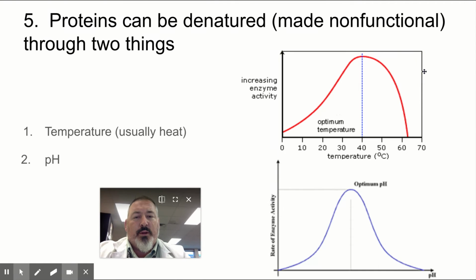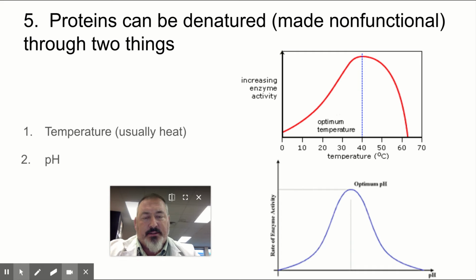So when we're looking at proteins, specifically enzymes, they can be denatured. They can be changed by two things, and that is temperature and pH. Now, with temperature, you may find that in the cooler temperatures, they don't really work well. But in the warmer temperatures, they stop functioning altogether because they're denatured. They can't really work at maximum rate, but this is where they just can't do their job at all.